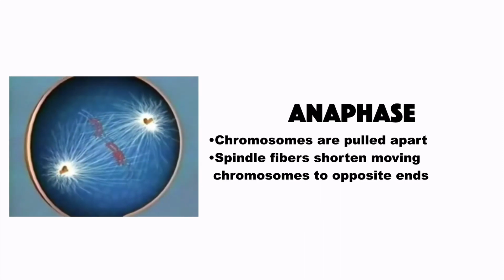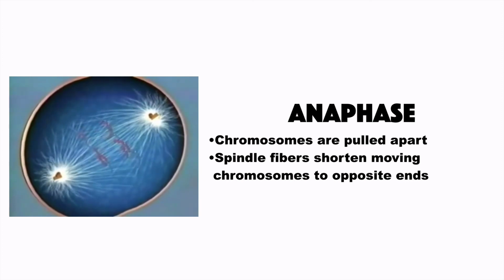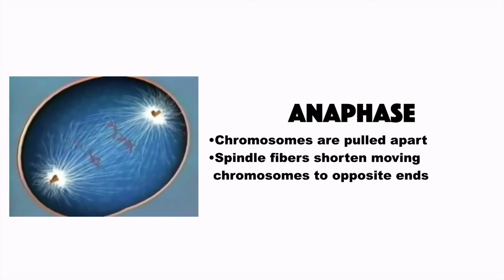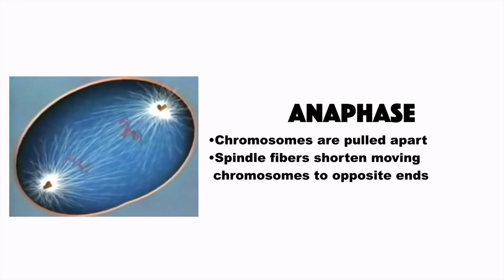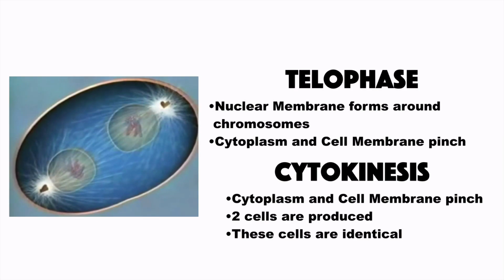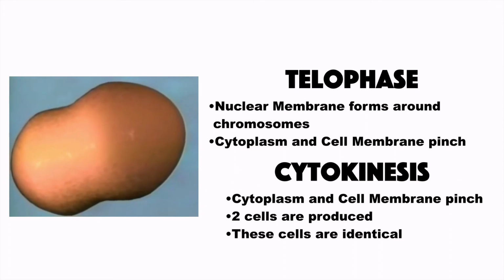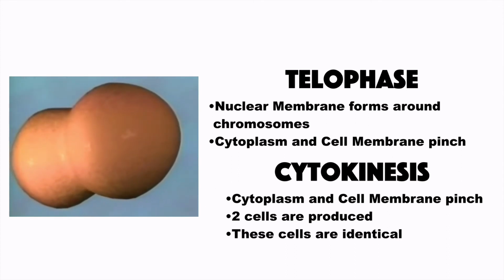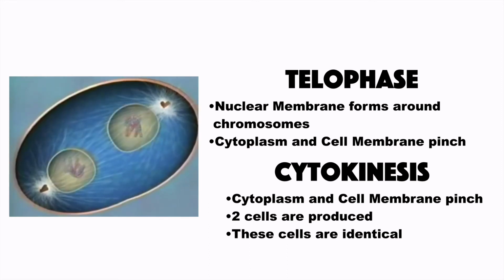All right, next, anaphase. Those chromosomes which are attached to spindle fibers, those spindle fibers retract and pull the chromosomes apart. And the chromosomes move to opposite ends. And then the last phase, which is called telophase, the nuclear membrane reforms around the chromosomes, the cytoplasm and cell membrane start to pinch, and in that final stage called cytokinesis, we wind up with two new cells that are identical.